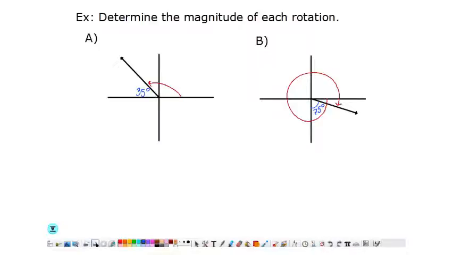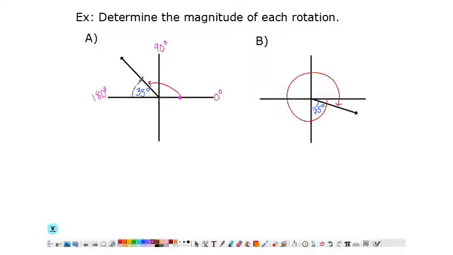Sometimes you have to figure out the magnitude of your rotation using a picture. So we're going to do two examples. In the first one, we are starting at the x-axis and moving along the red line until we get to the ray that's pictured. We know that half of the circle is 180 degrees. So we're going to start here and say that's our 0 degrees. Here would be 90 degrees, and here would be 180 degrees.